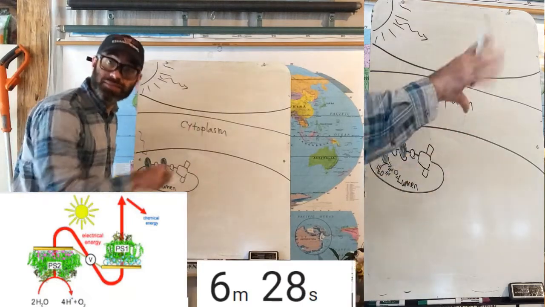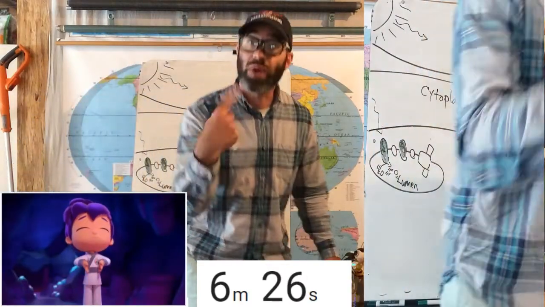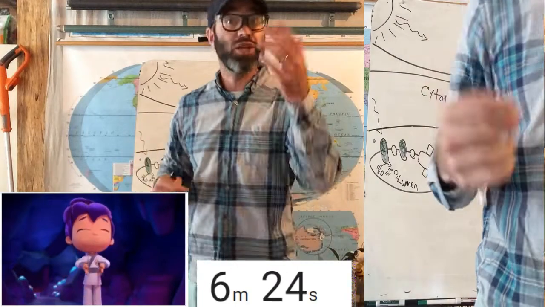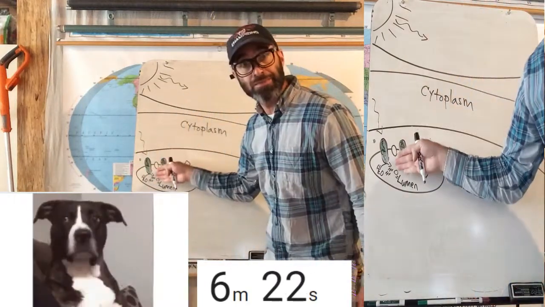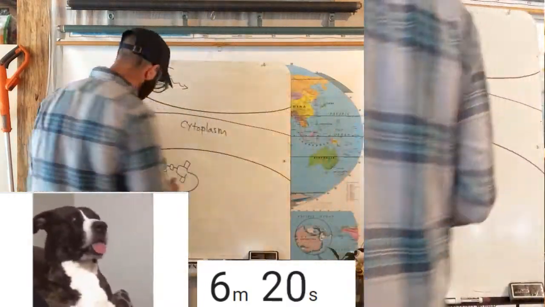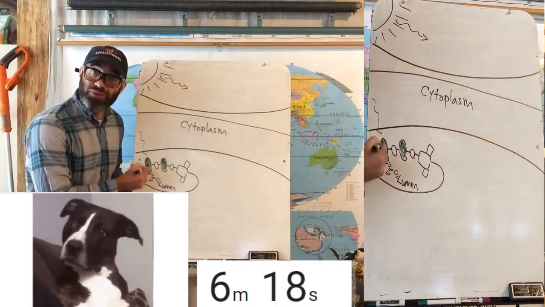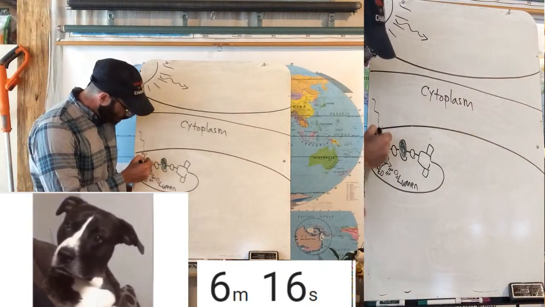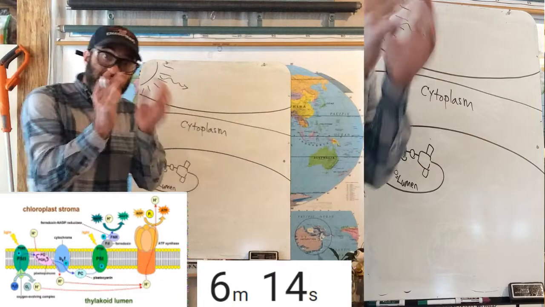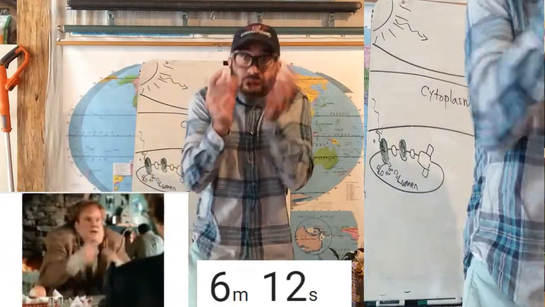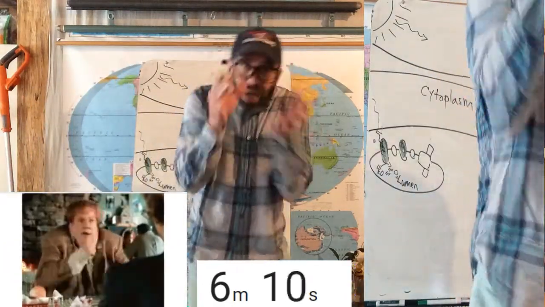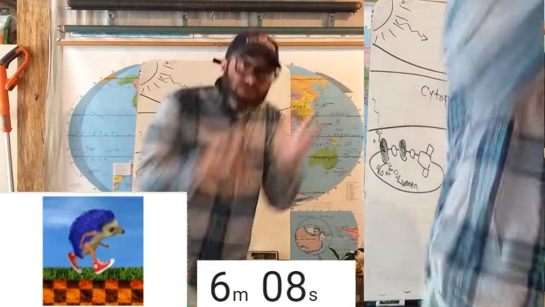The plant gets rid of it, and then you breathe it in. The oxygen that you breathe comes from water. This electron that is now in photosystem 2 absorbs light energy and becomes an excited electron. And when an electron gets excited, what does it want to do? It wants to move.